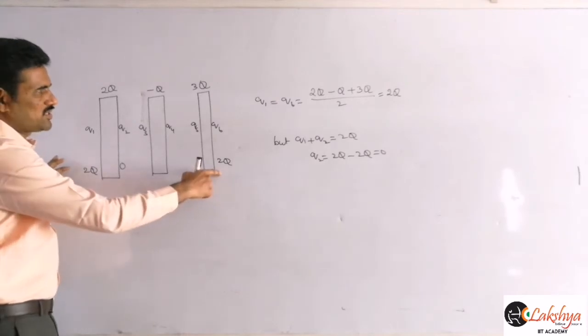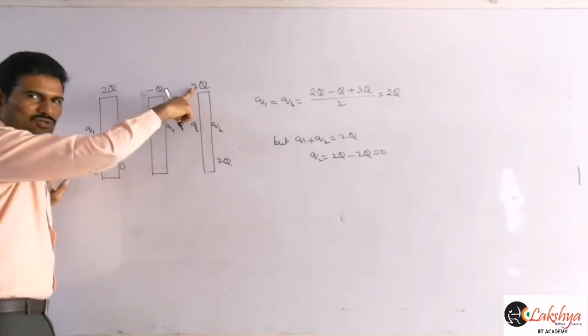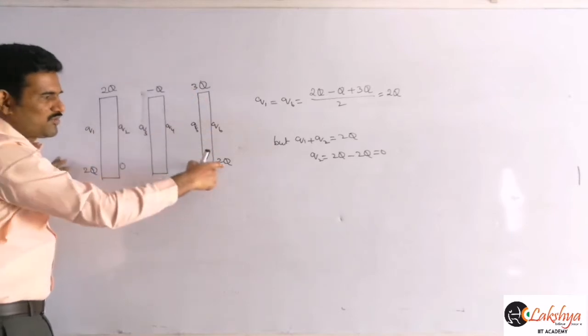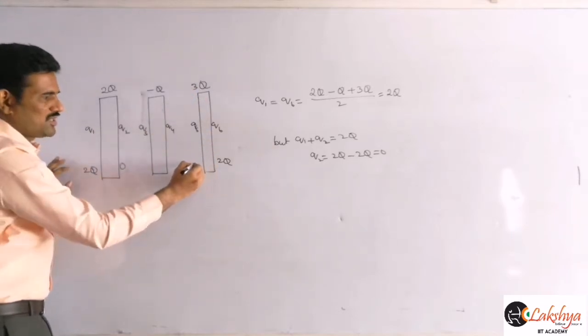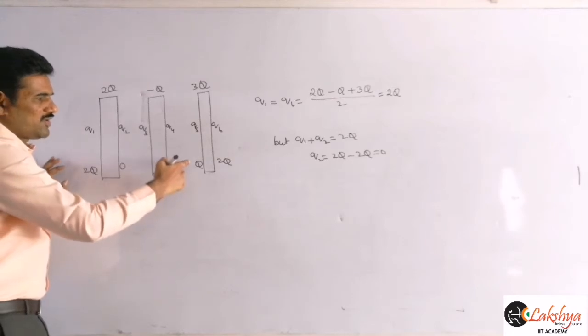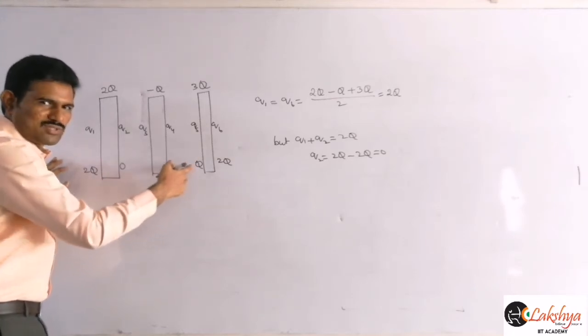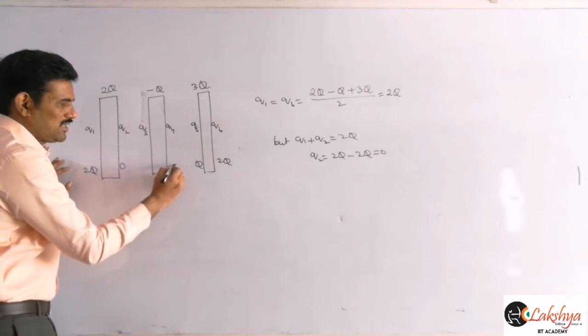Now let us come to this plate here. The total charge given to the plate is 3q. Out of that 2q is appearing here, and so the remaining q will be here. So I am writing that directly. Again, the charges appearing on these 2 faces must be equal and opposite, so here it will be minus q.